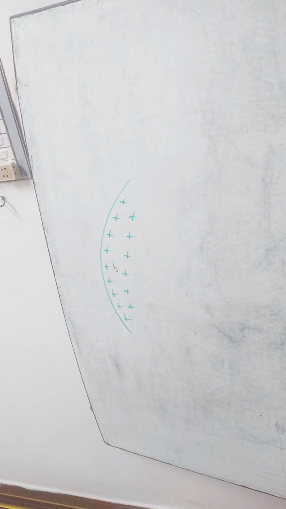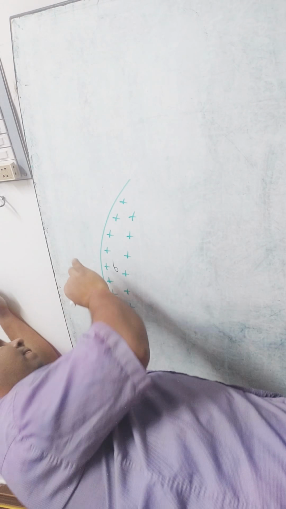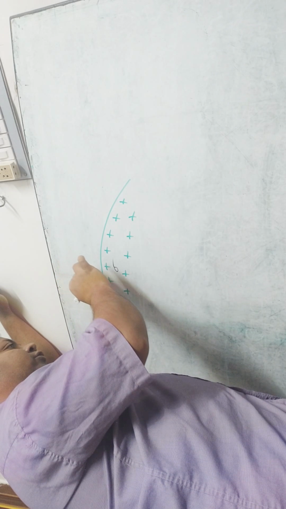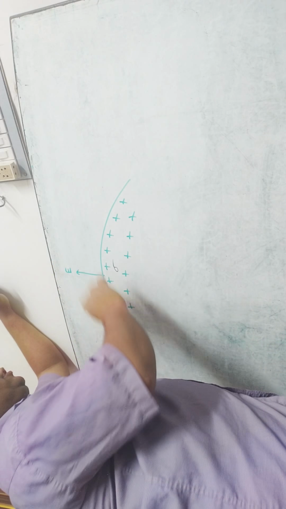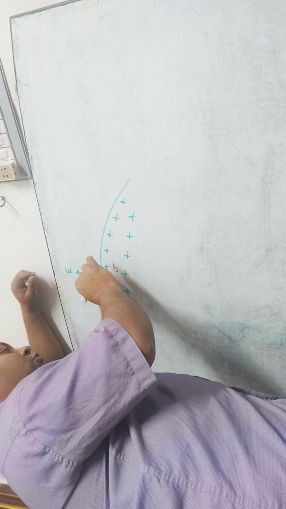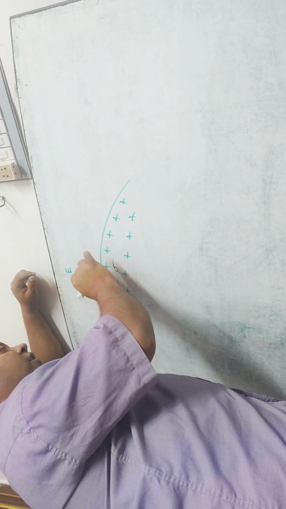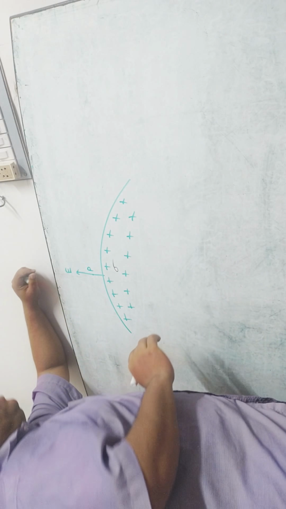Because it is a uniformly charged surface, the electric lines of force emerge in the normal direction from the surface. We have to find the electric field intensity at a point P near the surface.